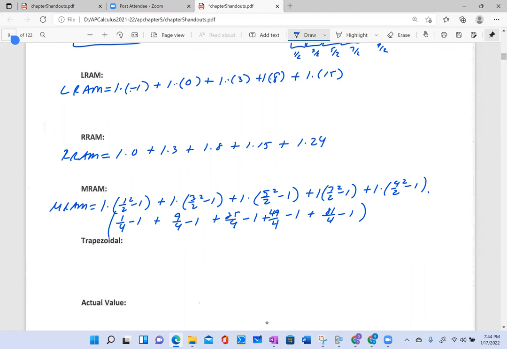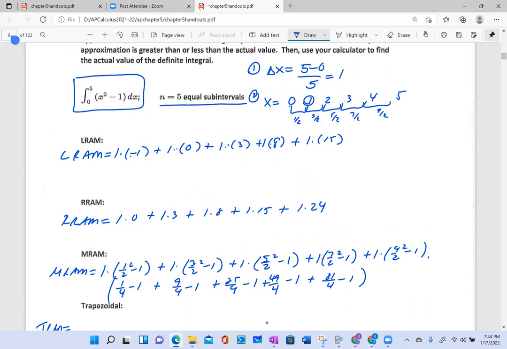Now the new one, the trapezoidal sum. Okay, so what we do now by the trapezoidal rule is I like to do the area of each trapezoid.